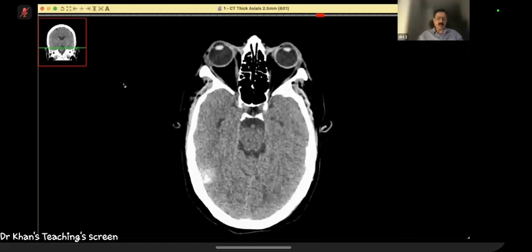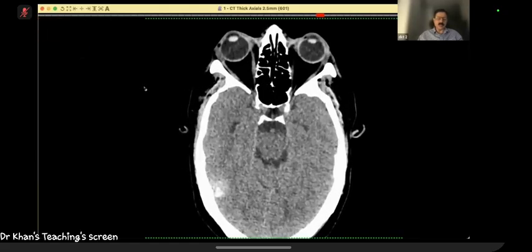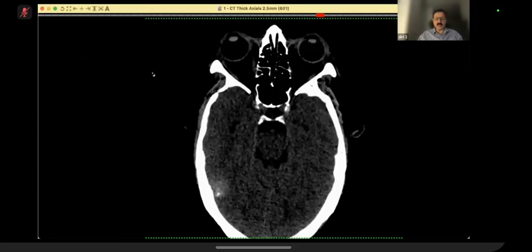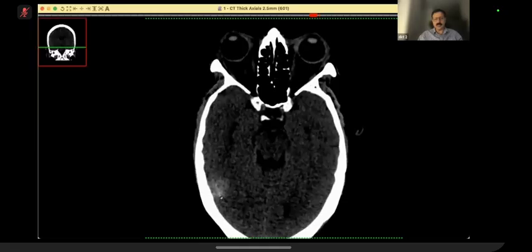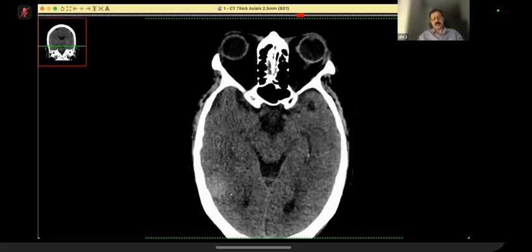If I change the window, there is an absolute sort of calcification here. So that is a big giveaway. Otherwise you did well where you said that this is high density.